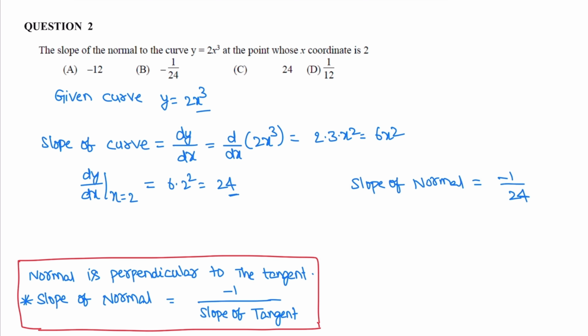Minus 1 by 24 is the correct option. So there is one rule from this: slope of normal into slope of tangent is equal to minus 1. Also apply this here. Slope of tangent is 24 and slope of normal is minus 1 by 24. Correct option is B. Next question.